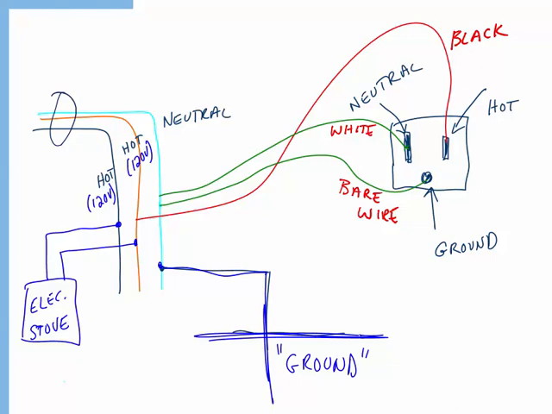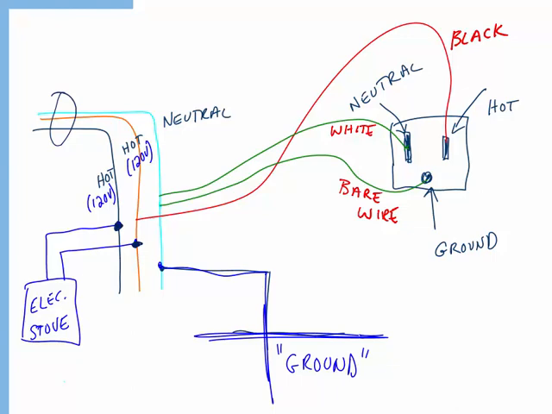Now, the reason we have two 120 volt circuits coming into our homes is that certain appliances require 240 volts, like an electric stove or an electric clothes dryer. And so the way that works is the electric stove connects to the two different 120 volt lines. They're out of phase, so that when you connect across the two of them, you actually get 240 volts.